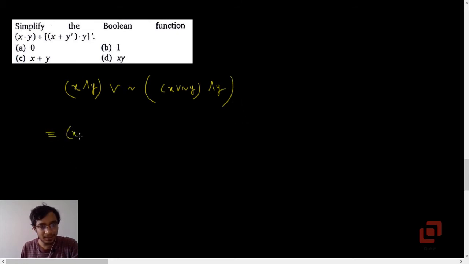Now let's keep x and y as it is, or now let us apply De Morgan's law. So it will be negation of x or negation y, or negation y, by De Morgan's law.